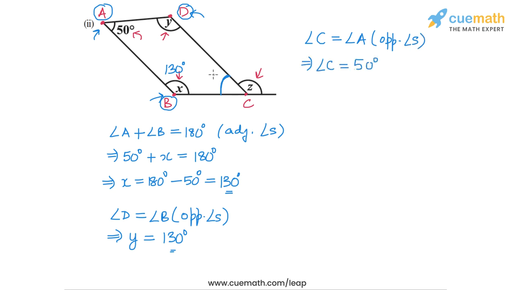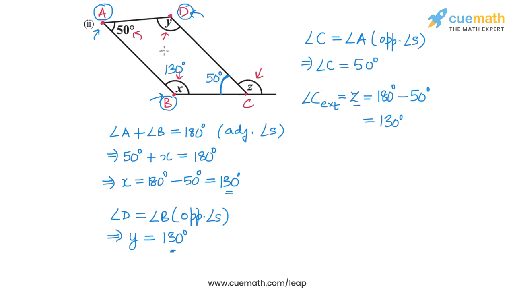So this angle here is 50 degrees, and this means that the exterior angle at C, which is z, forms a linear pair with the interior angle at C, so it will be 180 minus 50, or 130 degrees. So that's one way to calculate the value of z.